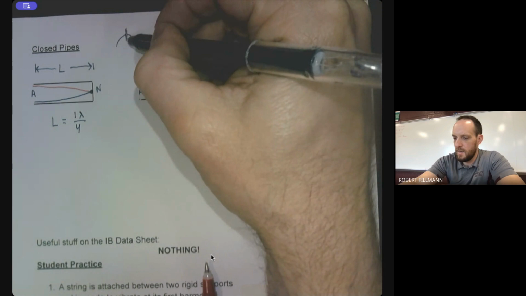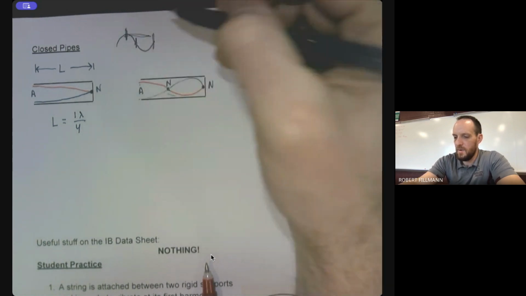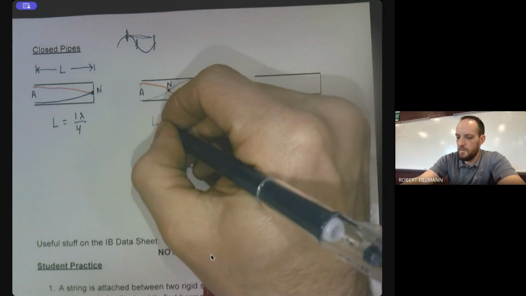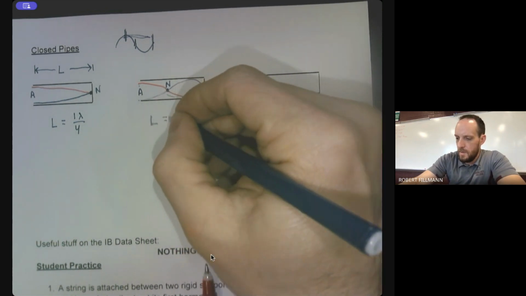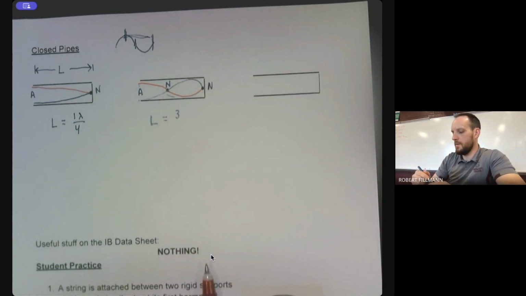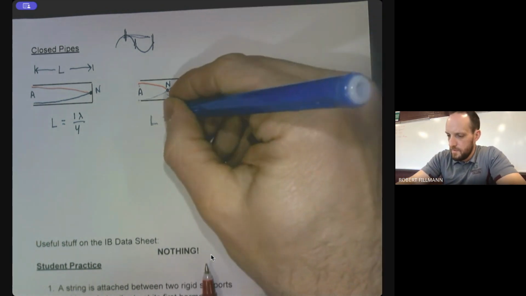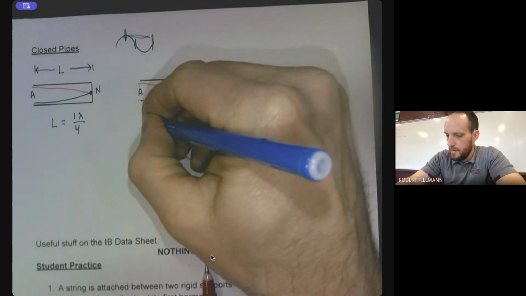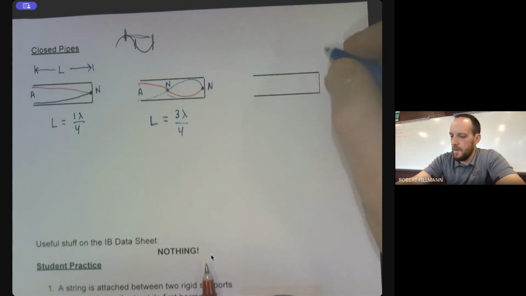So we're starting here and we're going to here, this span right here. So it's not quite a whole wave. It's actually 3/4 of a wave. So L equals 3 lambda over 4 for the next one in the pattern.